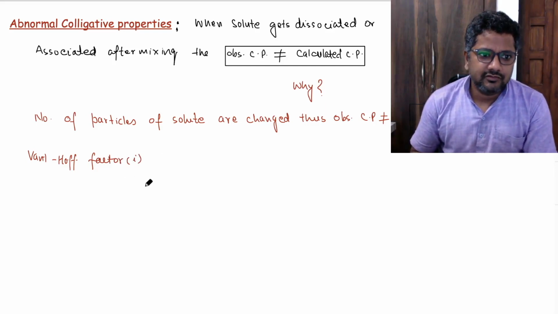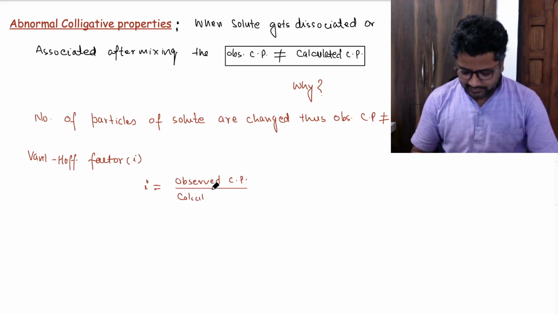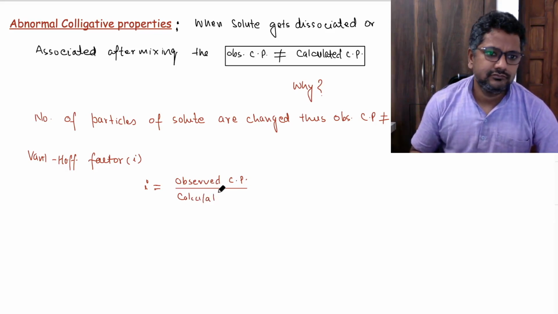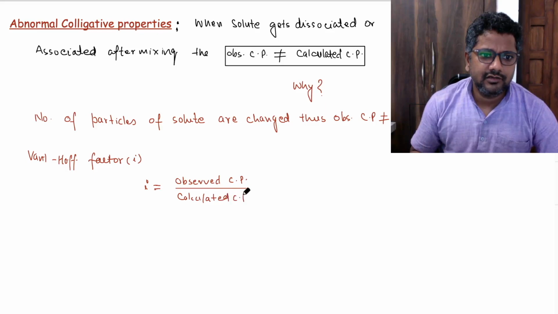So i is equal to observed colligative property divided by calculated colligative property.